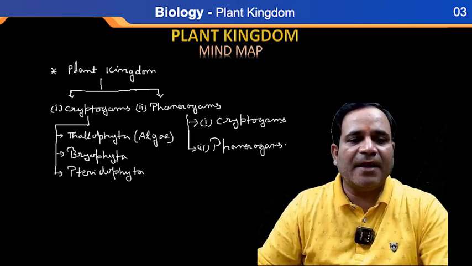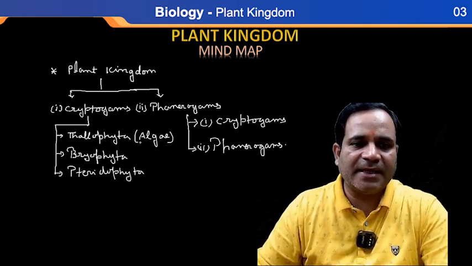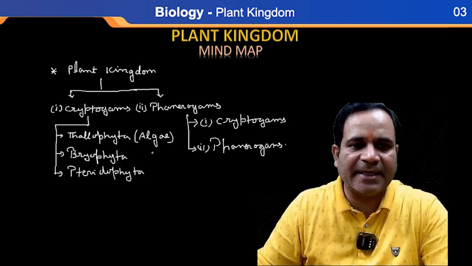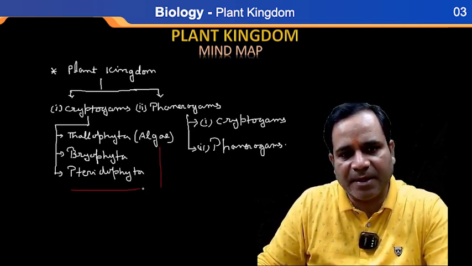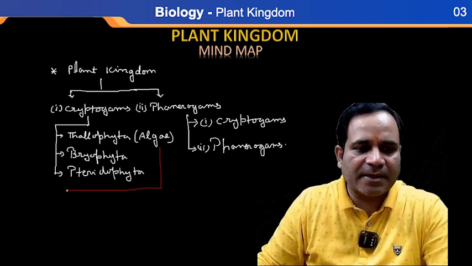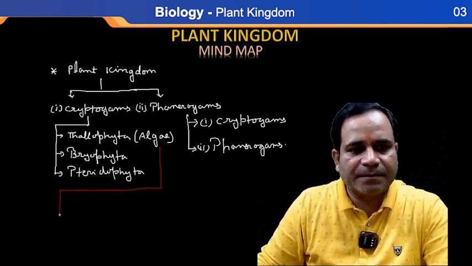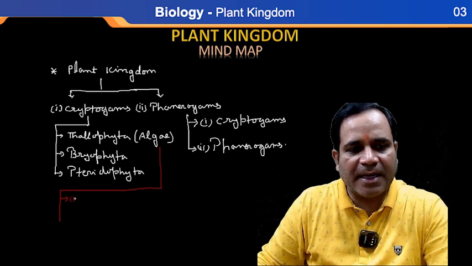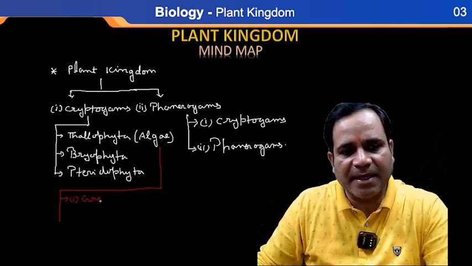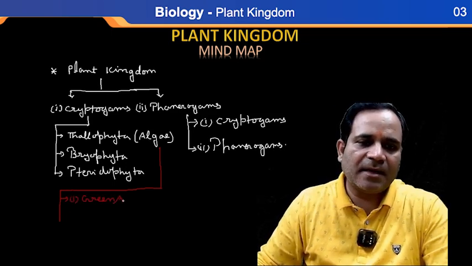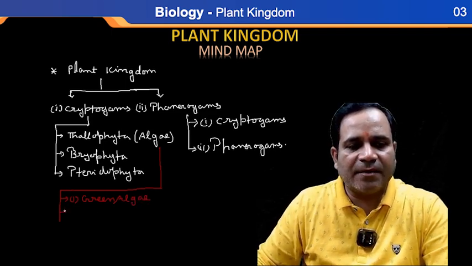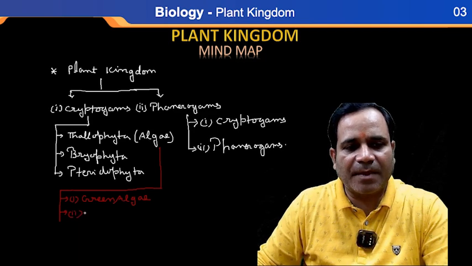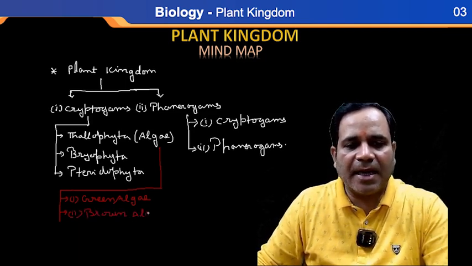So here, if I'm talking about thallophyta, that is algae, algae is further classified into how many parts, my dear? Three parts. See, what are they? Number one is green algae. Second one is brown algae.